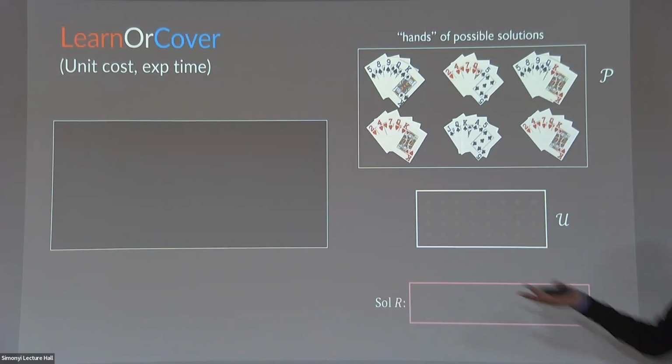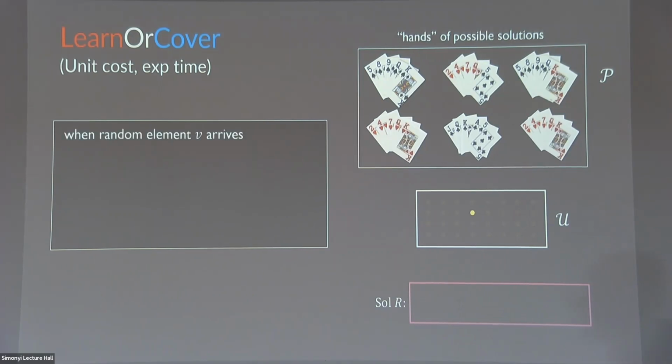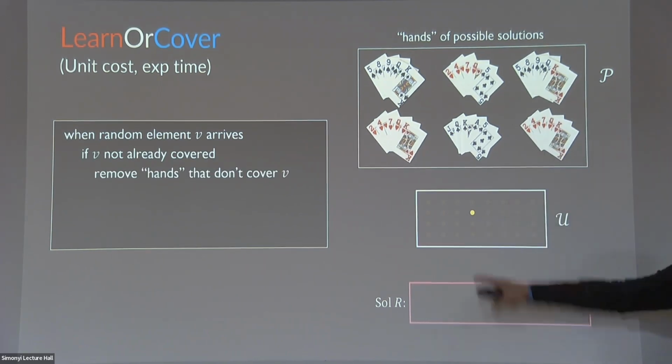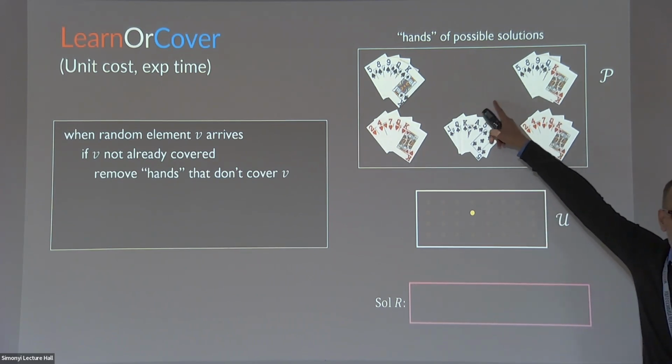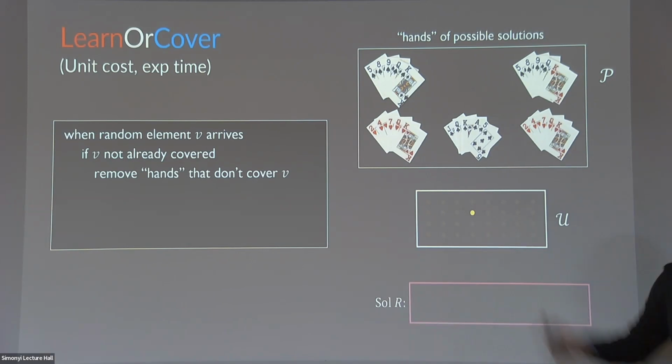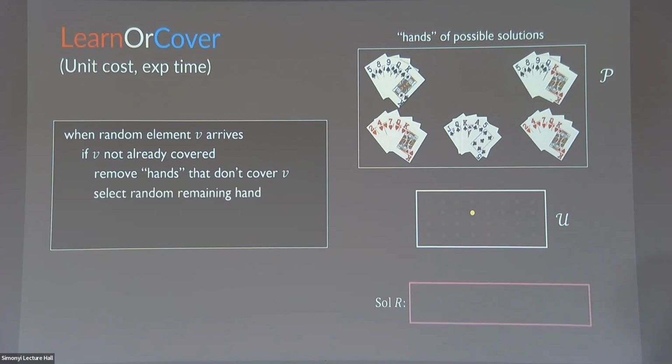There's a solution I'll maintain, initially empty. Now a random element arrives. What does my algorithm do? If my solution covers this random element, I do nothing. But initially it doesn't. First thing I do is remove any solutions which don't contain a set that covers this element. Out of the remaining solutions, select a random one.